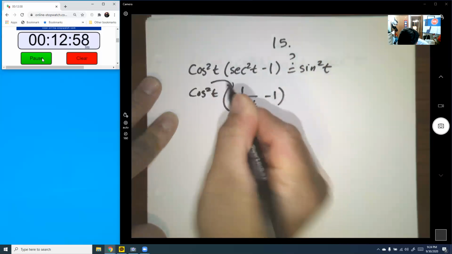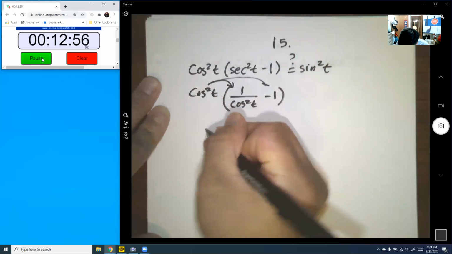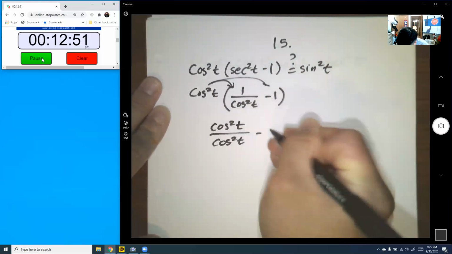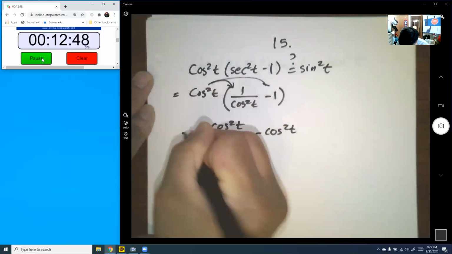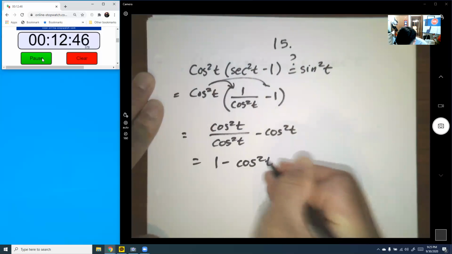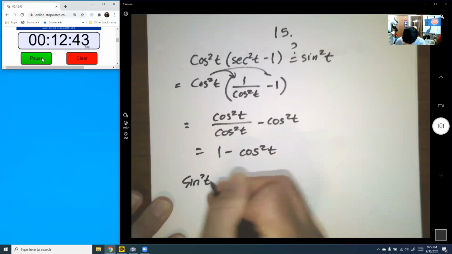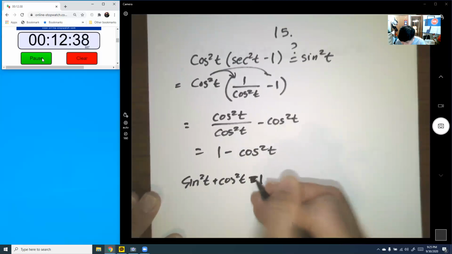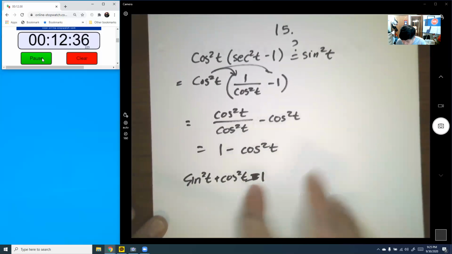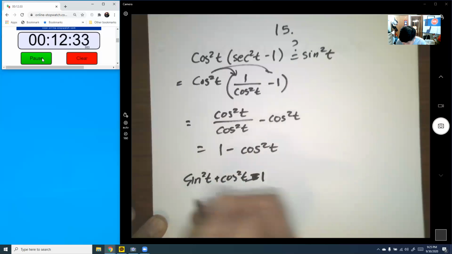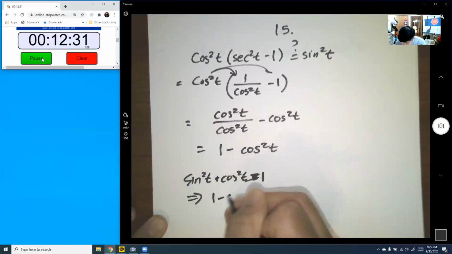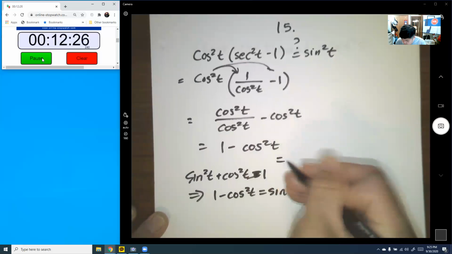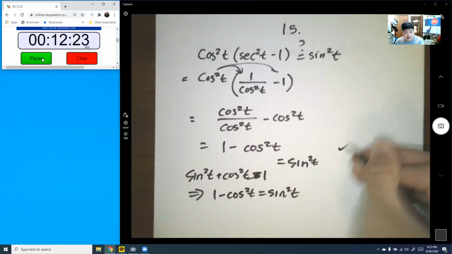Then I distribute, so I have cosine squared t over cosine squared t minus cosine squared t, which is 1 minus cosine squared t. Using the Pythagorean identity, sine squared t plus cosine squared t equals 1, if I subtract cosine squared t from each side, that is sine squared t. So this has been verified.